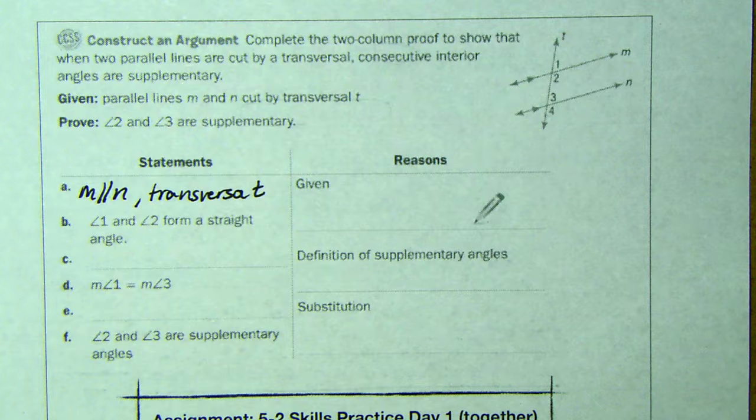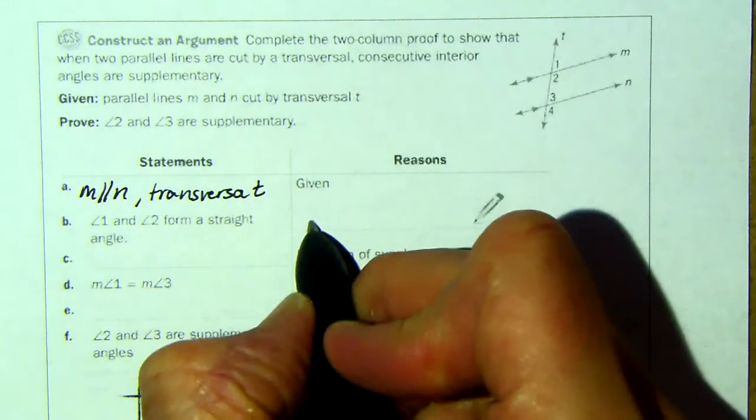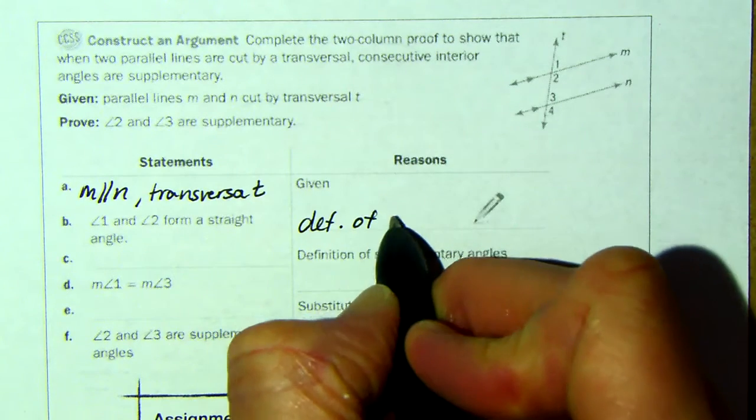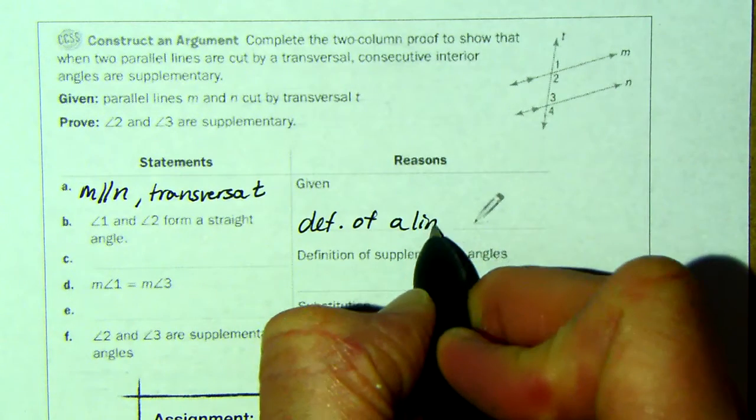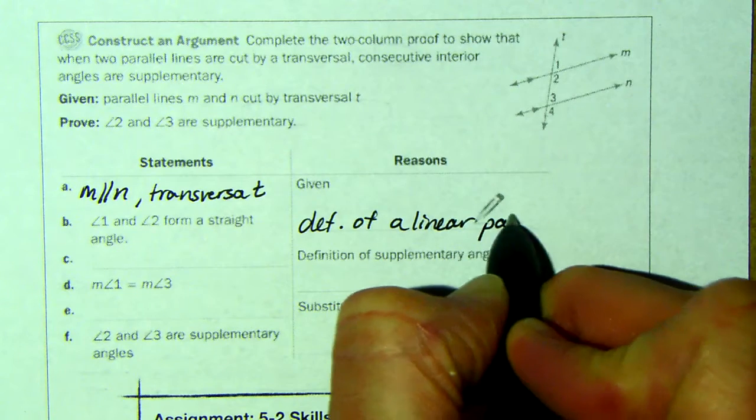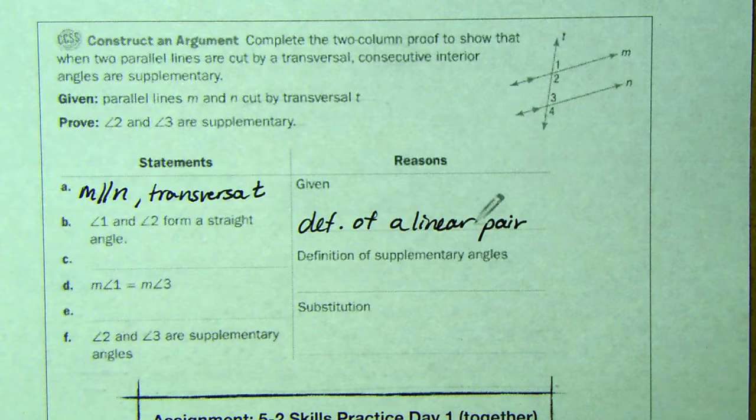Why is that? Any guess? There's a couple things you could say. I'm going to say definition of a linear pair, because they are right next to each other and they make a straight line, so they form a linear pair.